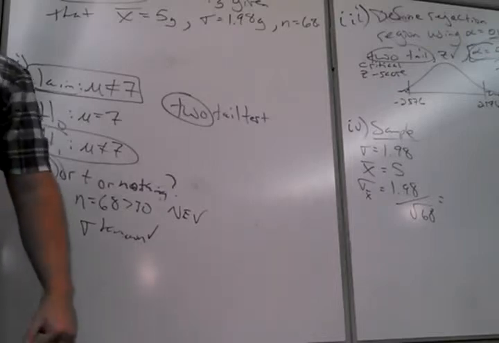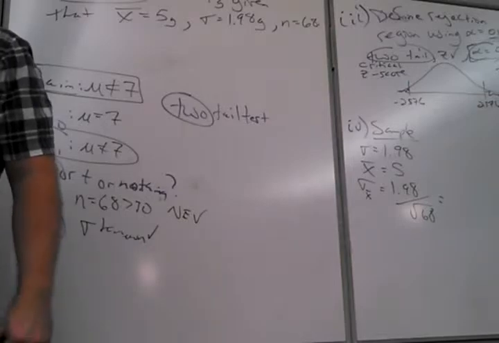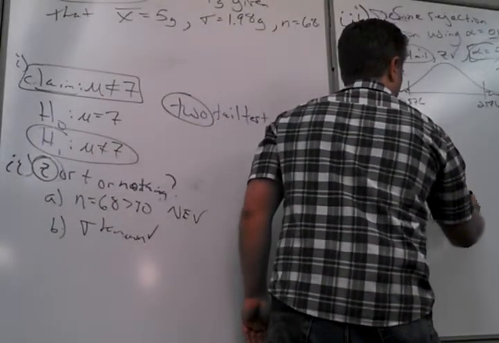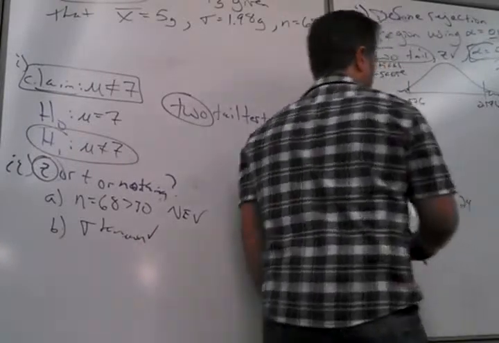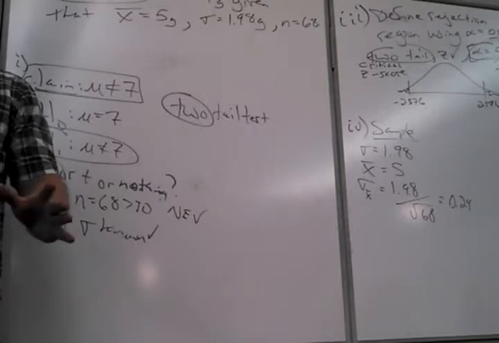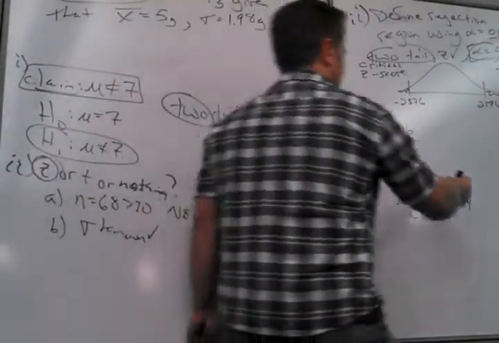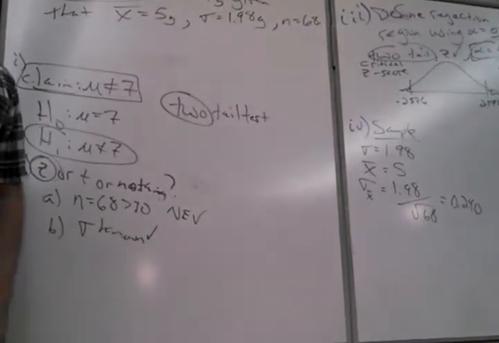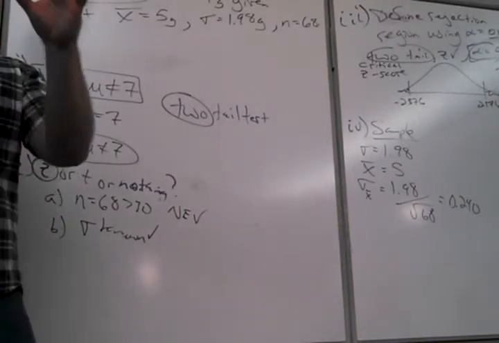So 0.2401, 0.24. Yeah, 0.24 is good. Then how do you always make the z-score?